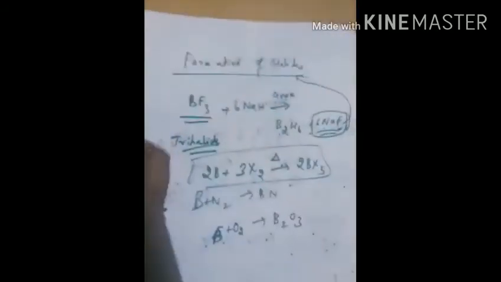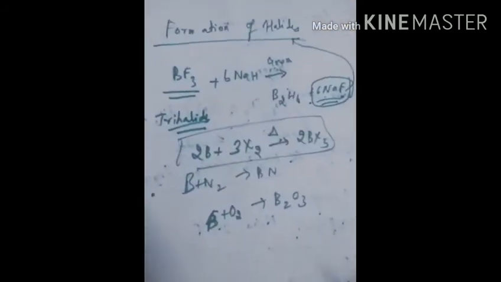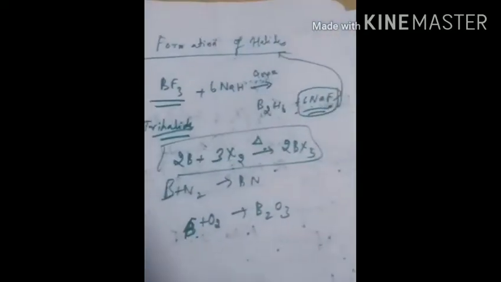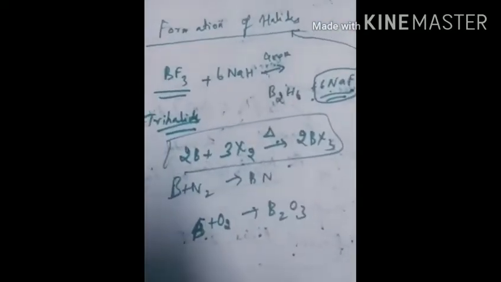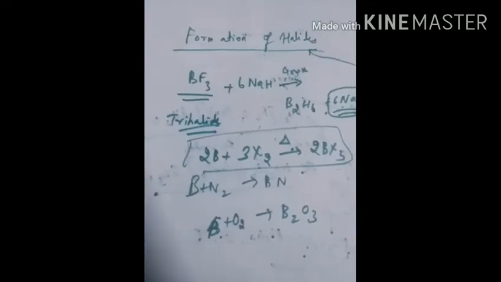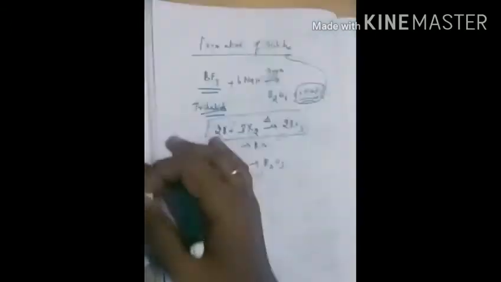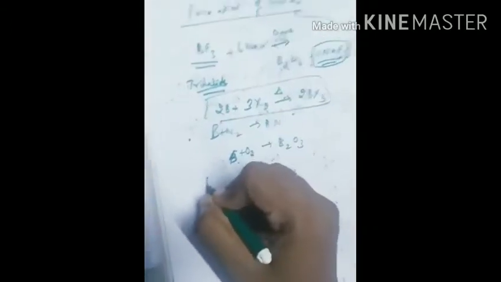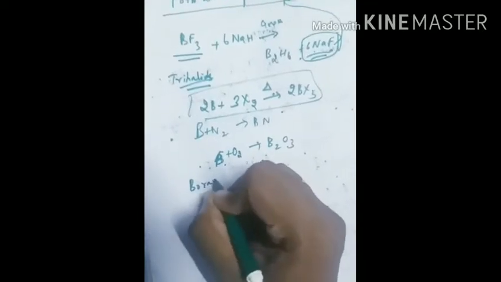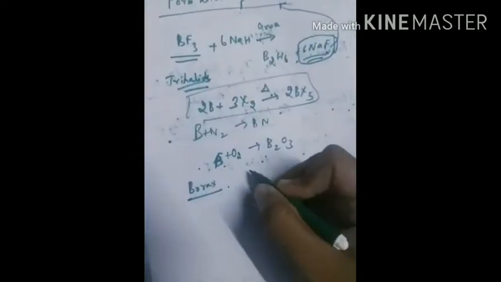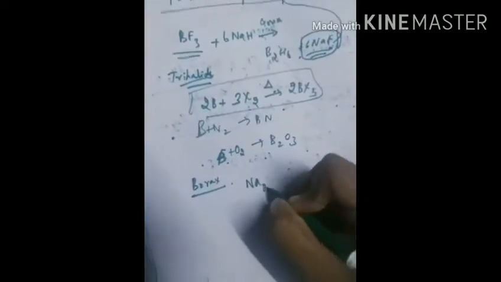So now in boron, I am going to teach you some of the combinations of boron, its preparation, its uses. So first I am going to teach you about borax. What is borax? This is the chemical formula of borax.